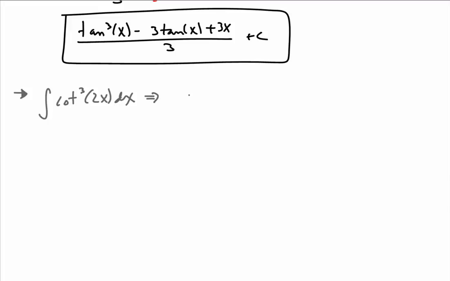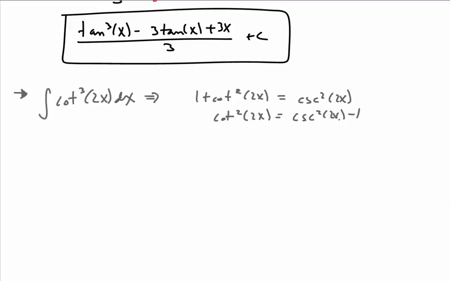Now here, there's no u-substitution situation yet, so I'm going to use the Pythagorean identity: 1 plus cotangent squared of 2x is equal to cosecant squared of 2x. Solving for cotangent squared of 2x, I get cosecant squared of 2x minus 1.